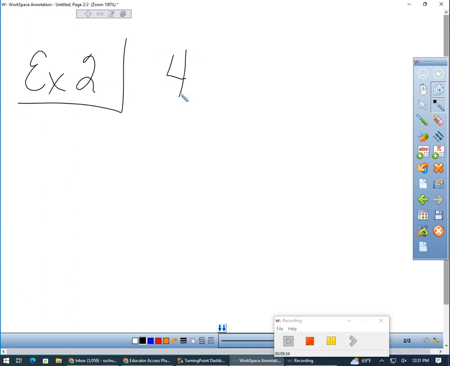I have 4x squared minus 1 is greater than or equal to 0. All right, if I was going to solve this, we can solve this by factoring, if you want to factor it. We can solve it by the quadratic formula. We can solve it technically by the square root method.